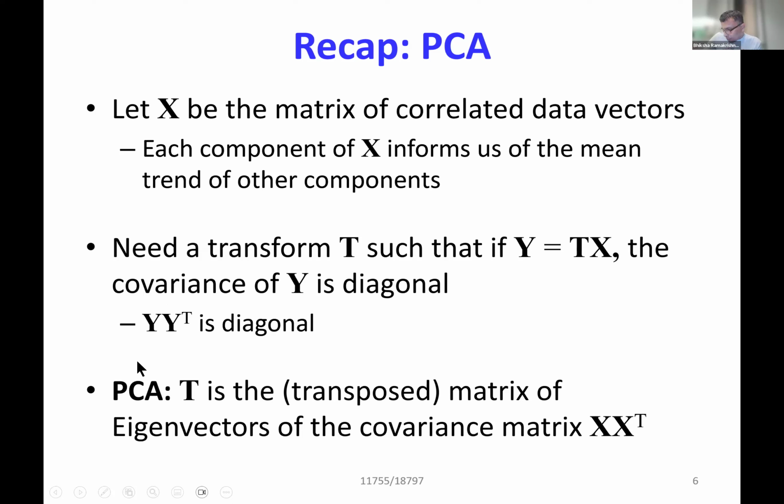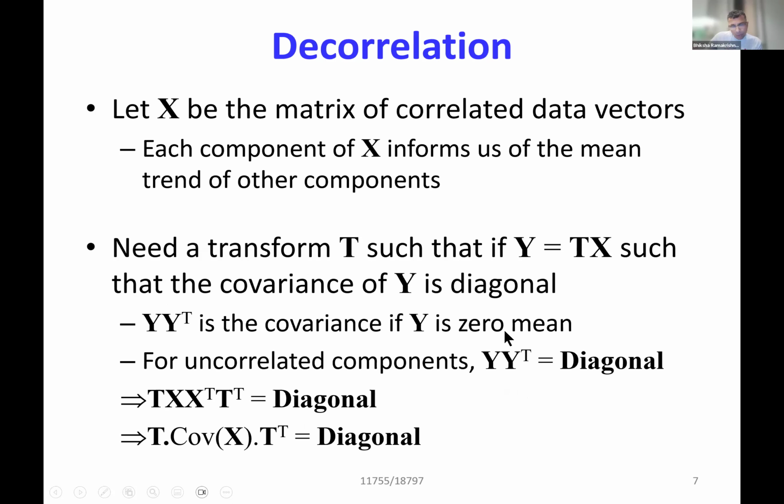And we found that when we perform principal component analysis, this transform T is going to be the transposed matrix of eigenvectors of the covariance matrix of XX transpose. So we saw how that worked out too, right?